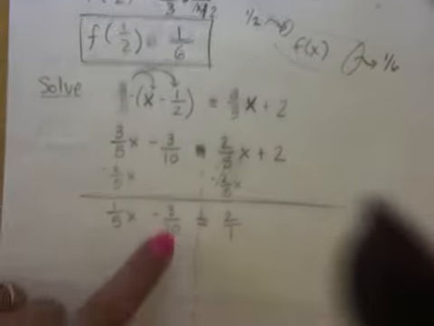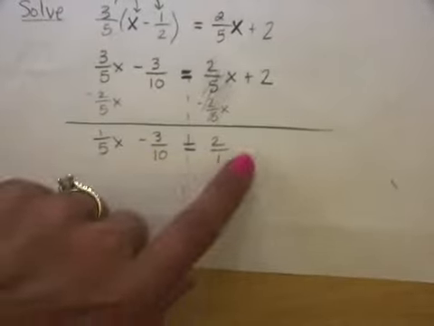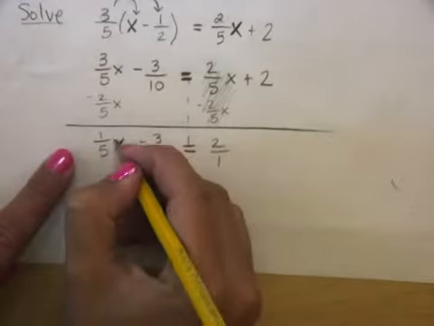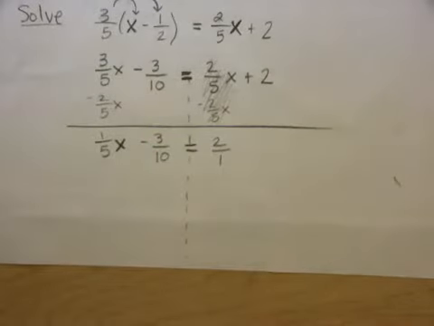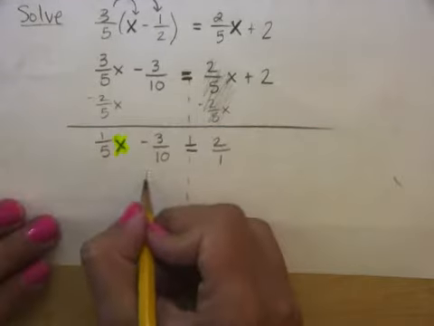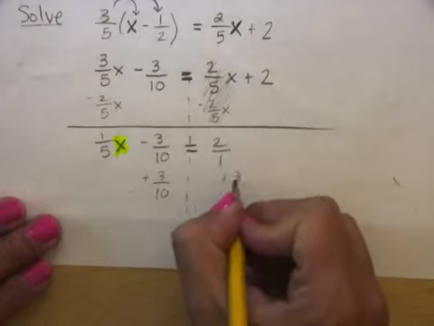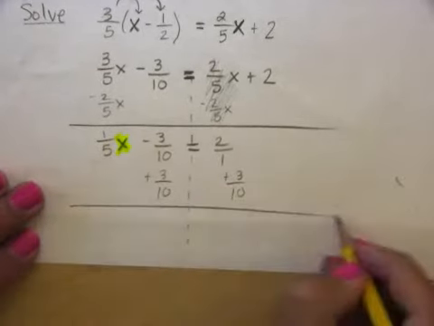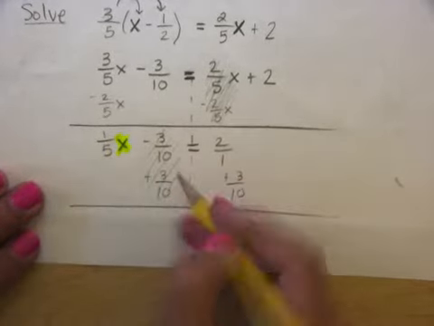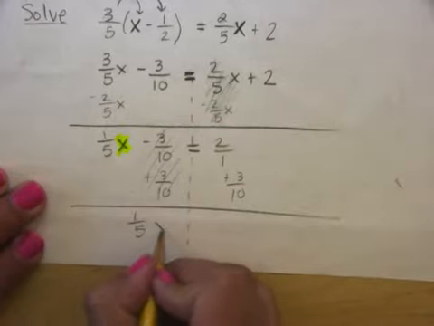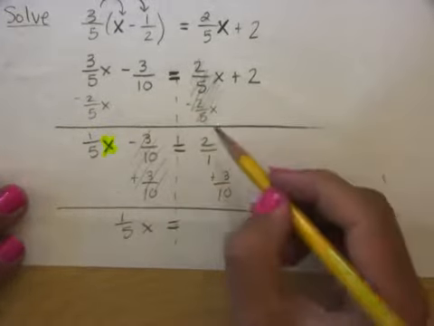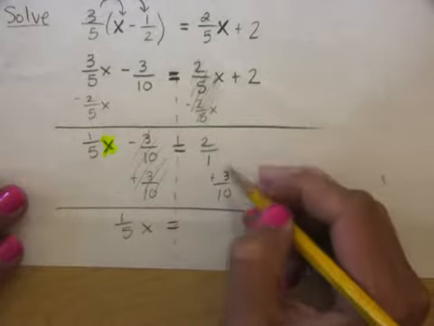So now I want to get this term over here because I want to get x by itself. So I'm going to add it since it's being subtracted. Those cancel out. 1/5 x equals, now I have 2 plus 3/10.